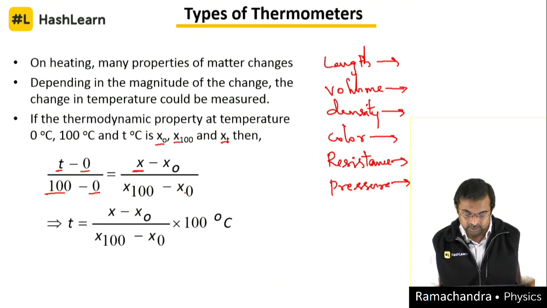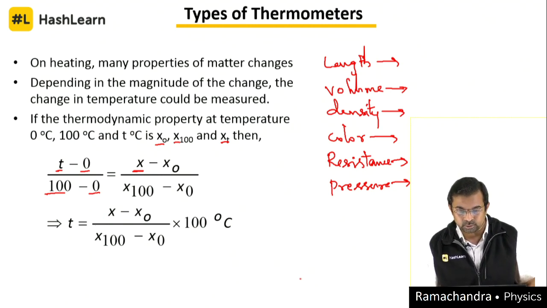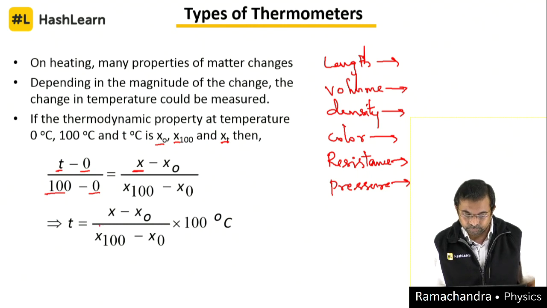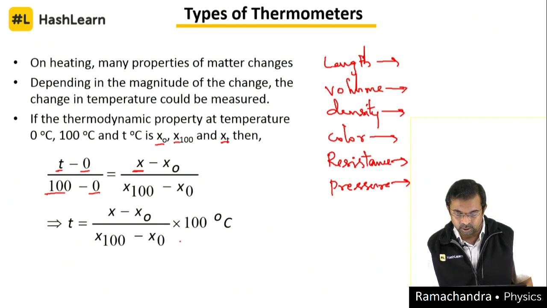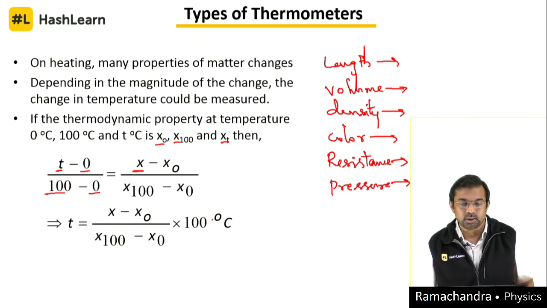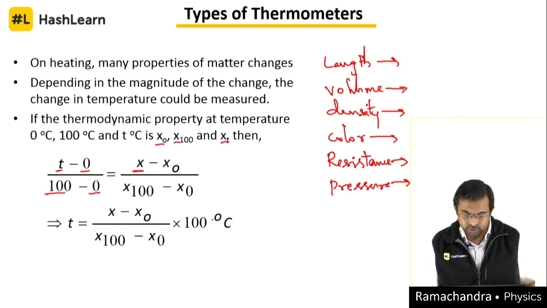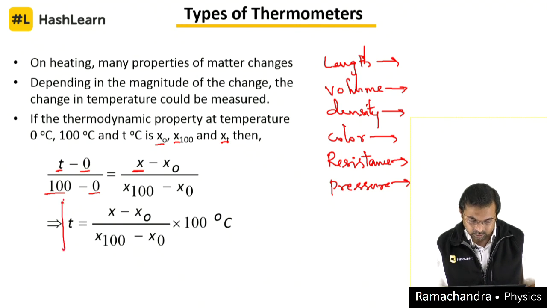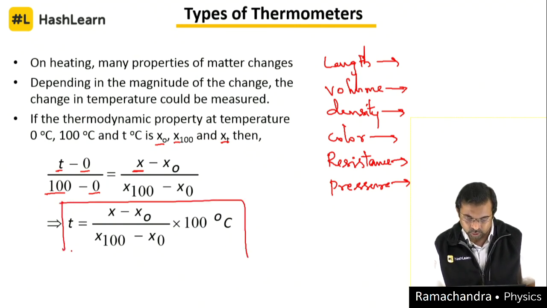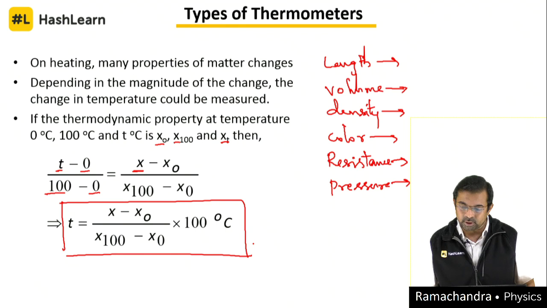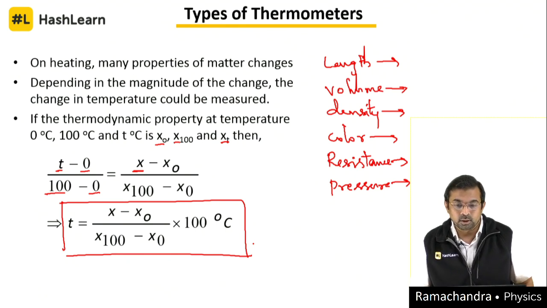If you simplify this, you will get T equals x minus x naught, divided by x100 minus x naught, into 100 degrees Celsius. This equation can be used for any thermodynamic property to be found out.